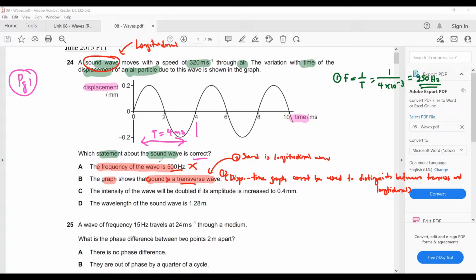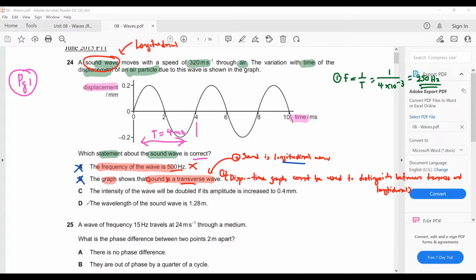Okay, so B in itself actually doesn't make sense whatsoever. You cannot use a graph to see whether it's transverse or longitudinal, and in the first place, sound wave is longitudinal. It is not transverse. So B is also out, is incorrect, A is out.